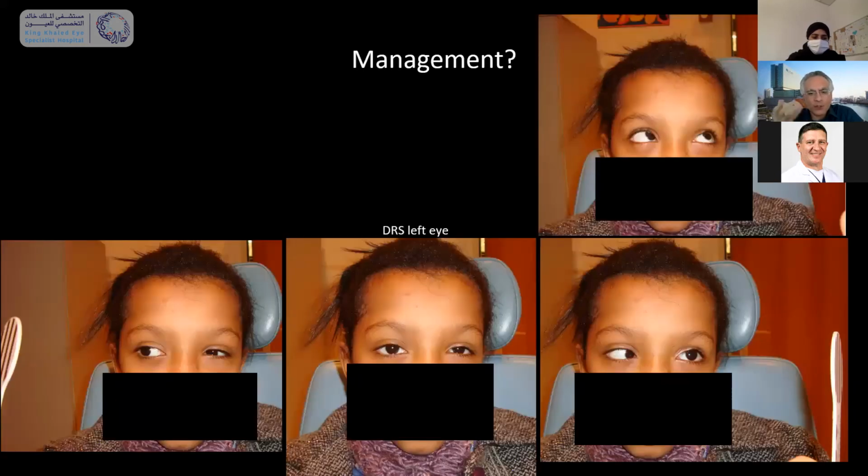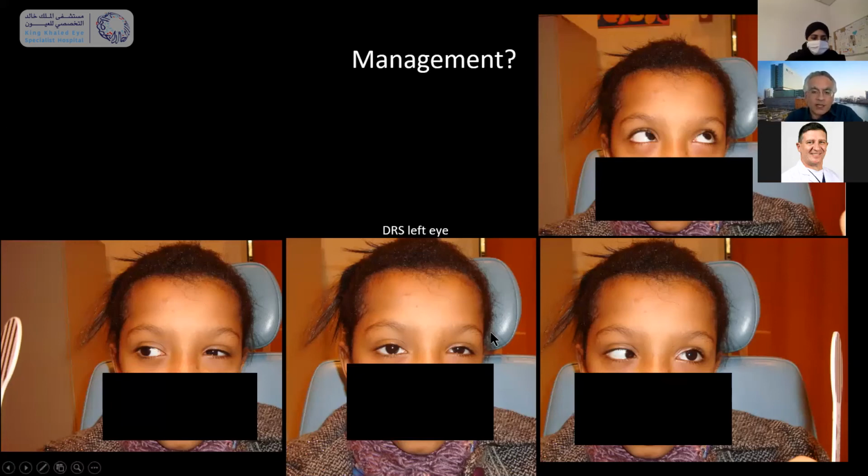I don't know if that person didn't recognize that this girl had Duane syndrome. And this is the point where we have to recognize these CCDDs before we do strabismus surgery, because if we don't recognize them, we get bizarre results, terrible results.